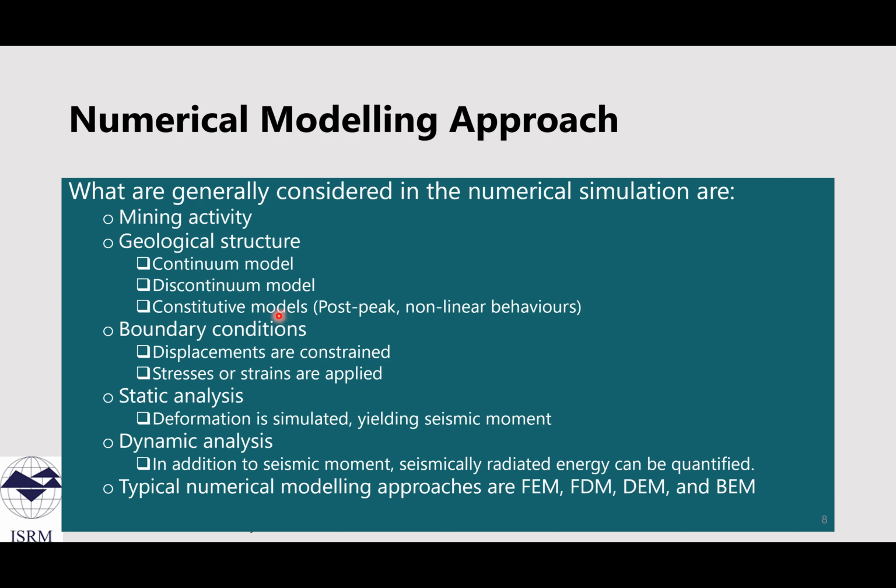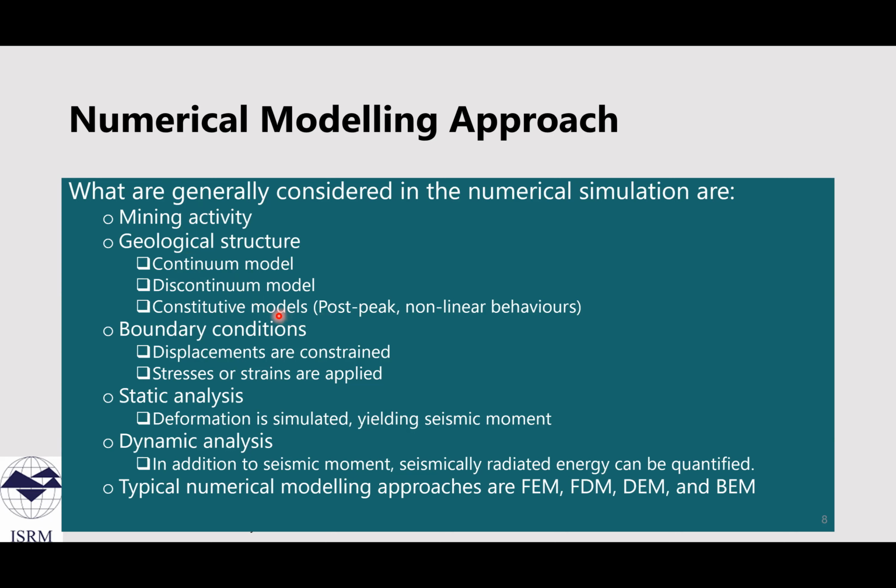Then we need to think about how we can simulate the failure of rock mass. So there are many options in terms of the failure criteria and methods to model the nonlinear post-peak behavior, such as strain softening or strain hardening behavior. And then after that, we need to consider boundary conditions. So we can either constrain displacement on the boundaries, or we apply the stresses on the boundaries.